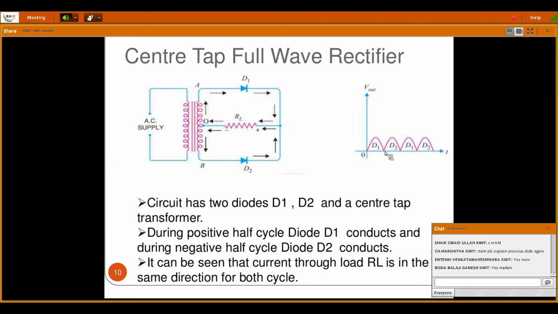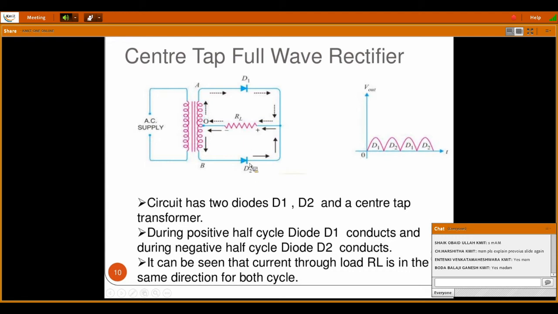Now see what happens during the negative half cycle. Since it is a property of center tapping, it reverses the polarity. So during the negative half cycle, point A is at negative potential and point B is at positive potential. Positive potential is connected to the anode of D2, so diode D2 is forward biased.